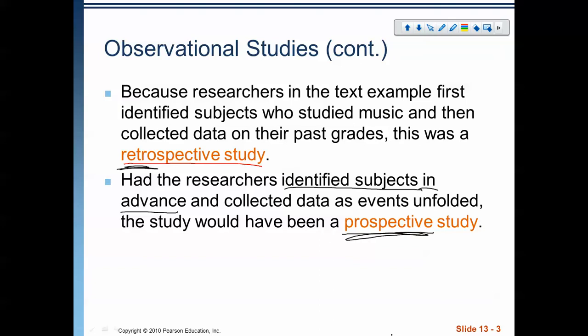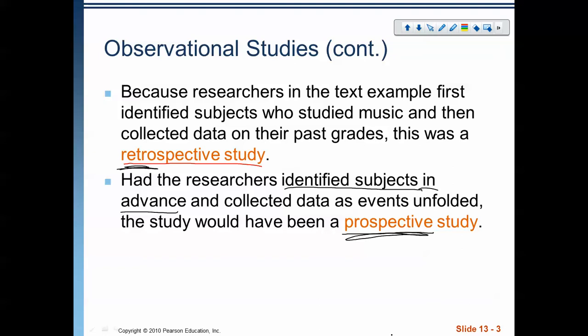And prospective studies usually take a significant amount of time before they're finished. In fact, there's been studies done on twins. It's actually a really interesting field, studying people who are twins or triplets.